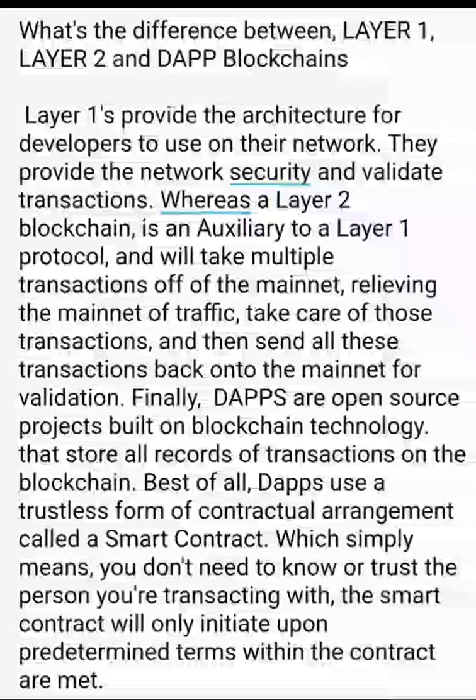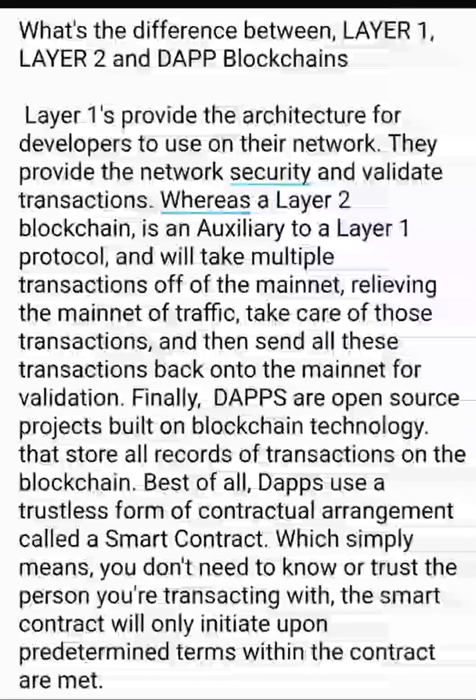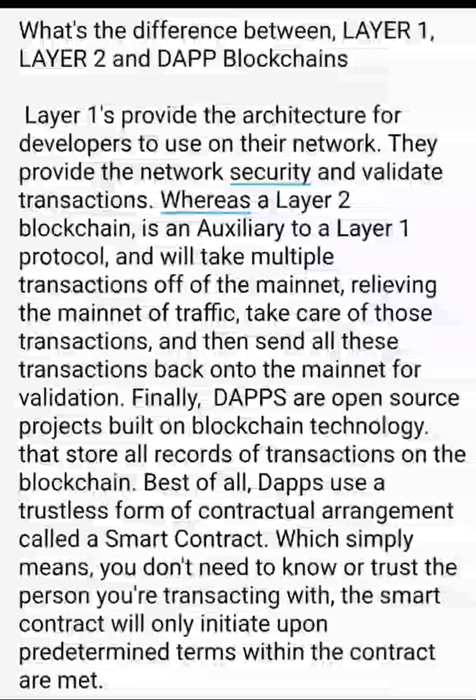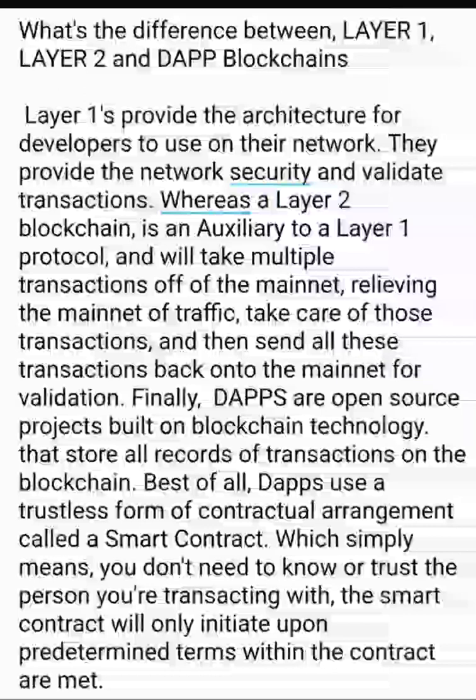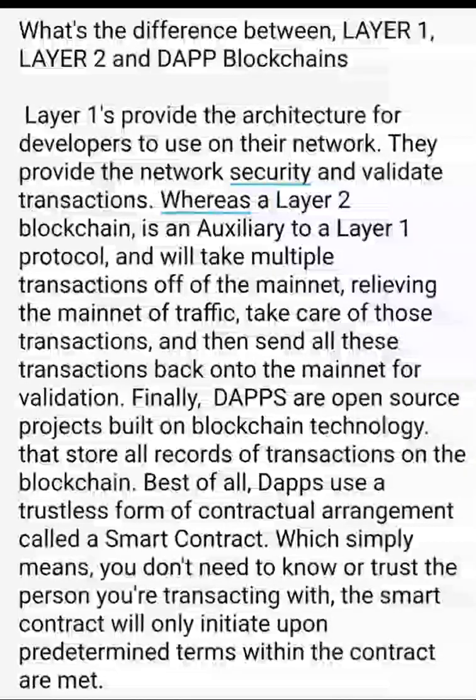The primary objective of the layer ones is to provide network security and validation of the transactions. So these smaller protocols can use that mainnet architecture, such as Ethereum or Bitcoin. They can use their security, their secure network, and the validation of the transactions on the mainnet.